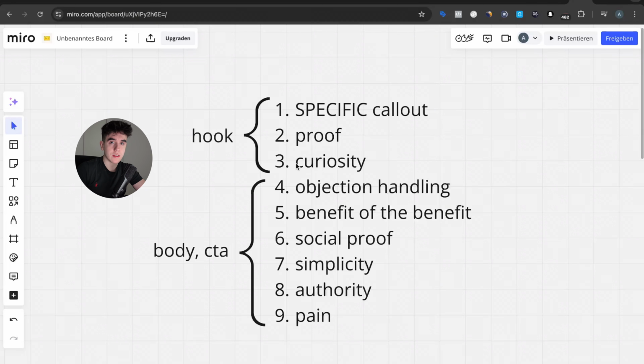Third thing is curiosity. This is something which basically all of my ads have, and I recommend you to have that as well. The job of your ad is never to sell. That's not the job of your ad. The job of the website is to actually convert people. When it comes to making ads, your entire goal is to make people curious enough to click on it. That's when an ad converts.